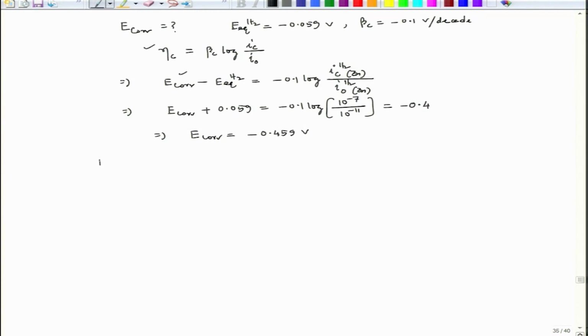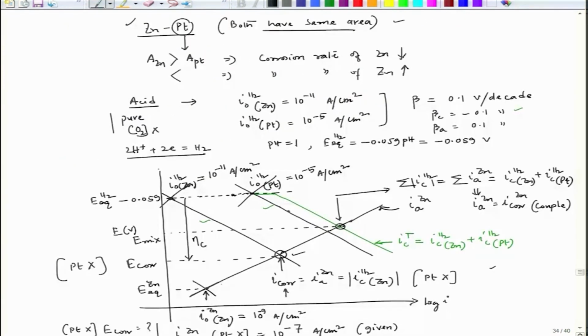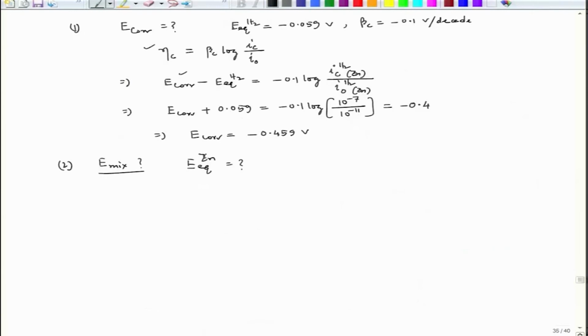Now, in order to calculate E mix, this is stage 2, we have to calculate E mix. For that, we need to calculate first E equilibrium zinc. This is also easy because we have to consider the overvoltage eta A, which is beta A log of IA over I0 zinc over zinc surface.